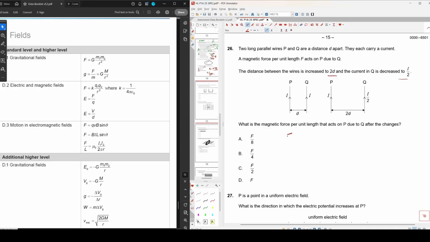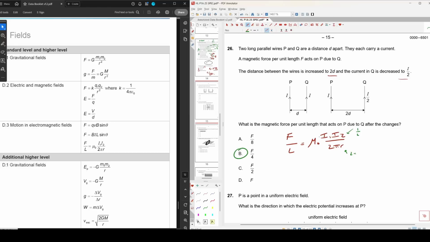All right. So it's this F over L thing equals this thing times the two currents over 2 pi r. Okay. Again, can I ratio without ratioing? Have I practiced these enough that I go, okay, if one of these currents decreases by half, so this becomes half as big, this becomes 2 times bigger, I think both of those should make it 2 times smaller.